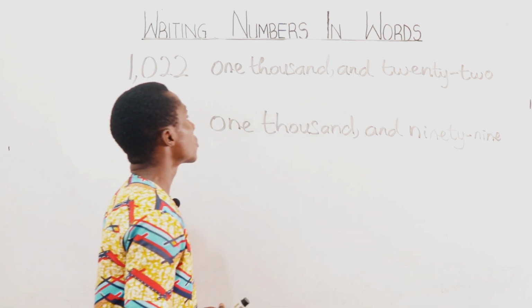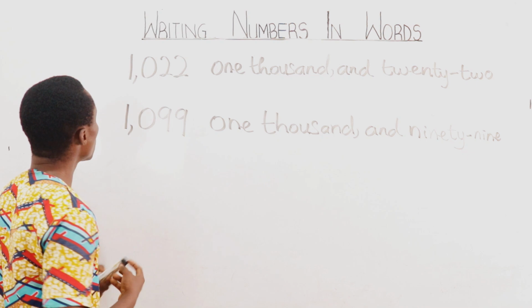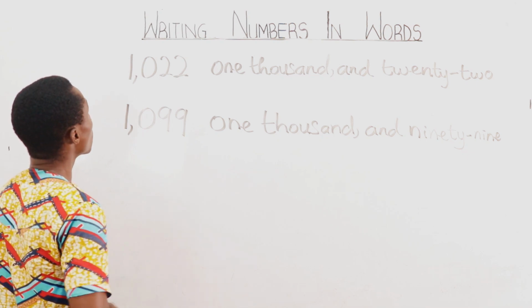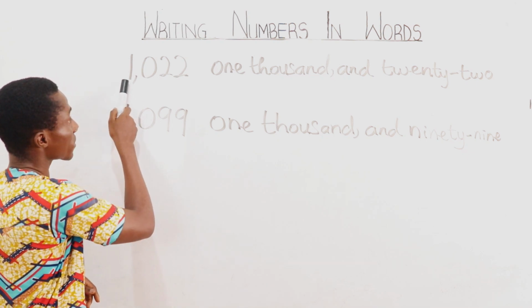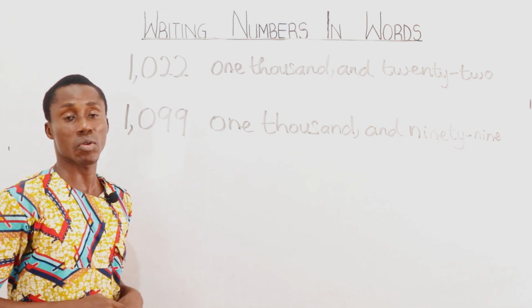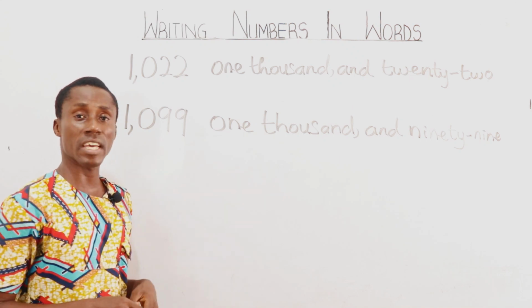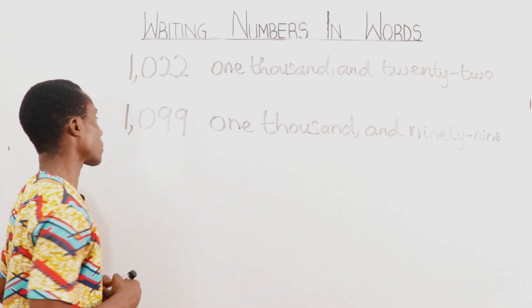Okay, so we can change, or we can look at examples where the 1,000 is, for example, 2,000 or 3,000, up to we get to 9,000.